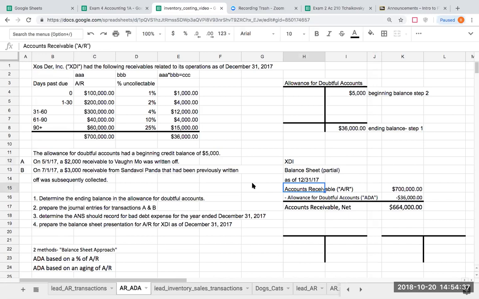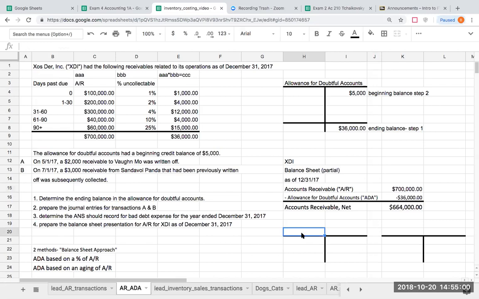There's a lot of preventative things we can do, but at the end of the day, sometimes receivables go bad, even if we're selling to former publicly traded companies like Sears. So when we have a write-off of a receivable, the way this is going to be handled will always be the same.